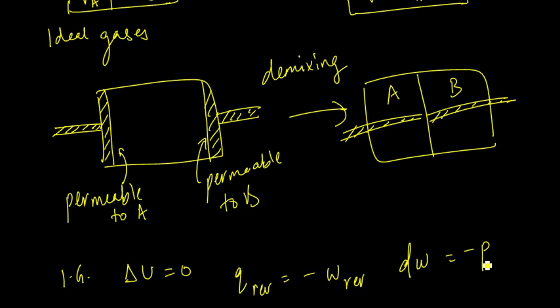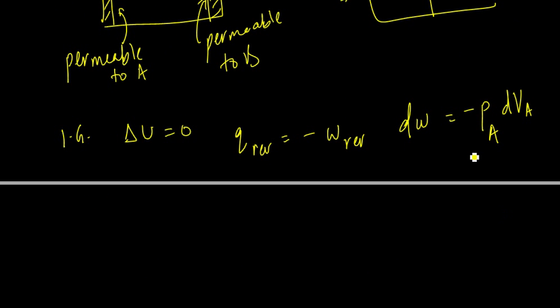The right piston would do work on A. So PA times d volume of A, it will be minus only, not plus, minus PB times the change in volume of B. Right?